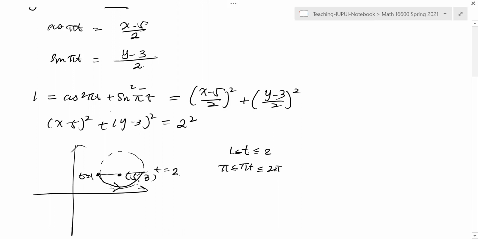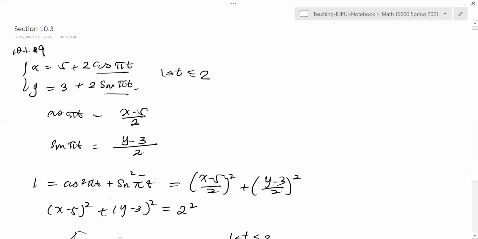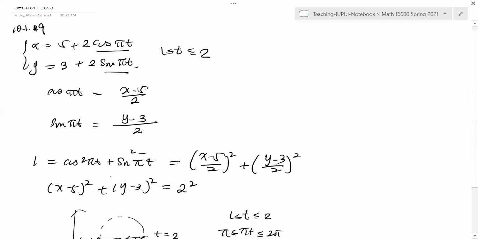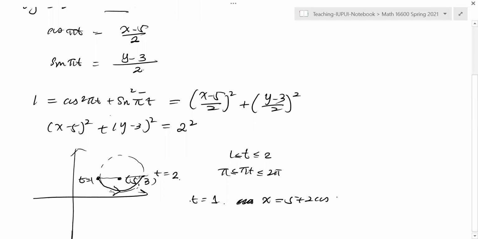And you can double check that. When t equals 1, x is 5 plus 2 cosine pi. Cosine pi is negative 1, so it's going to be 3.